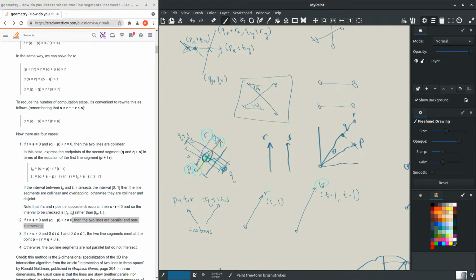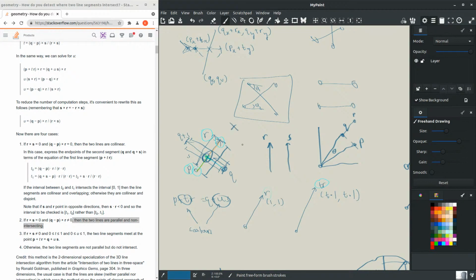And anything where R is between 0 and 1 would give us the span here. So we just want to bound U and T to between 0 and 1. Does that make sense? And then otherwise, the final condition is they're not parallel, but they do not intersect, which basically means our point of intersection is somewhere out here.